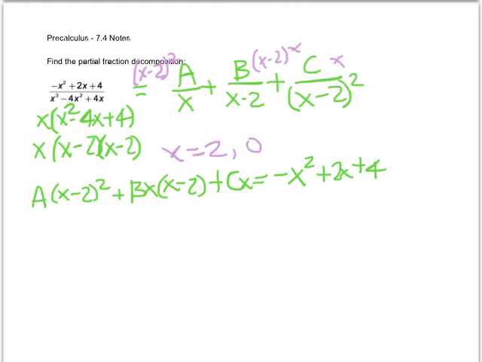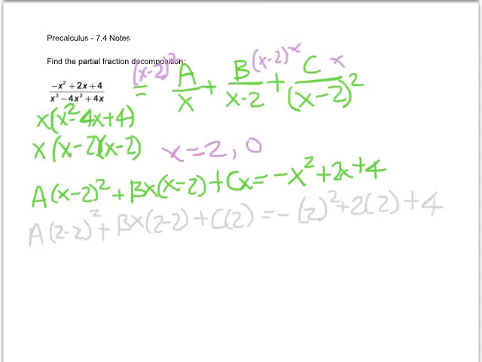And substituting in, we'll do the 2 first. I'll do the 2 first in gray. So a times 2 minus 2 squared plus bx times 2 minus 2 plus c times 2 equals negative, and then 2 squared plus 2 times 2 plus 4.